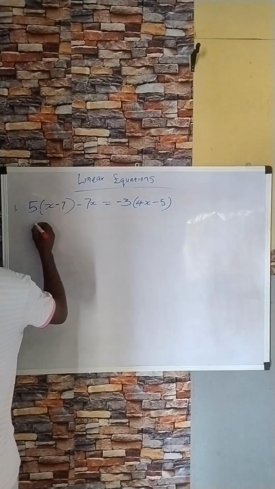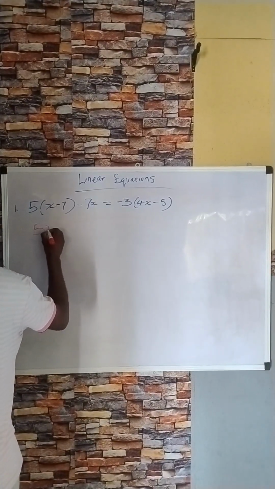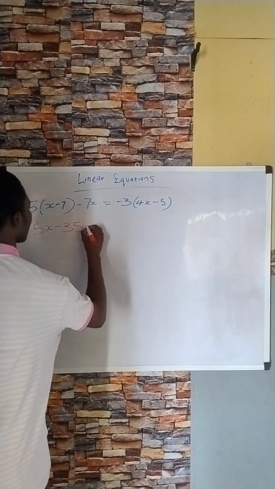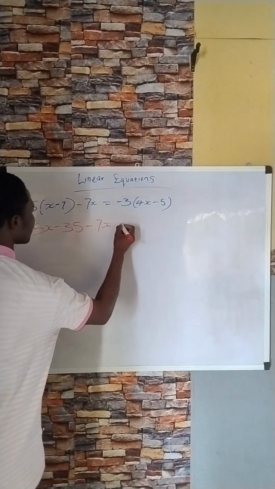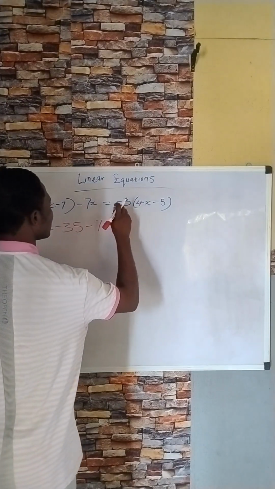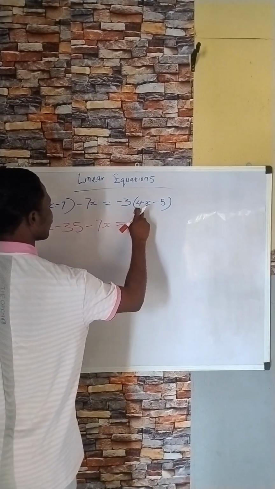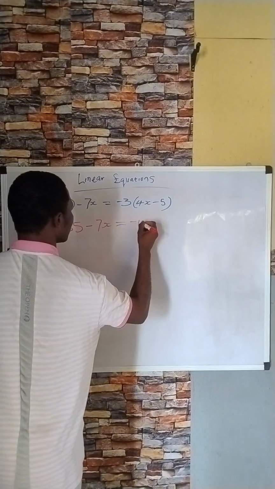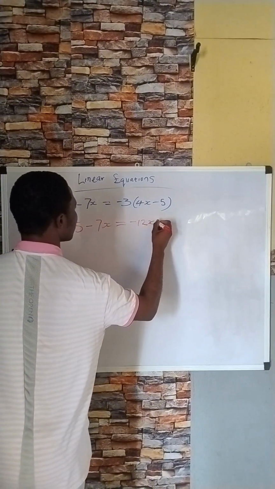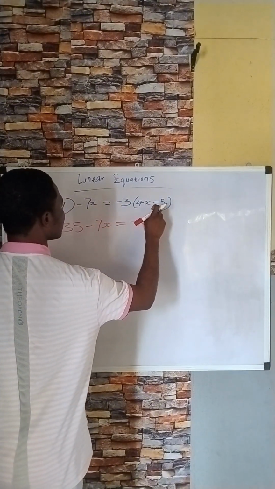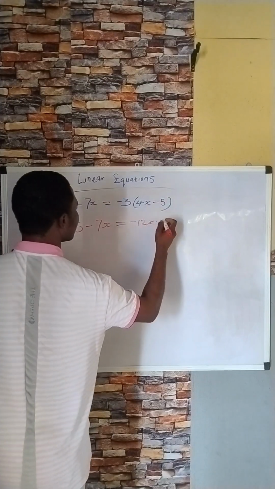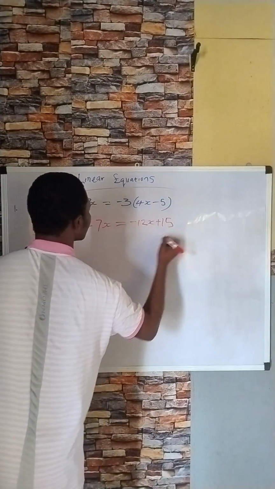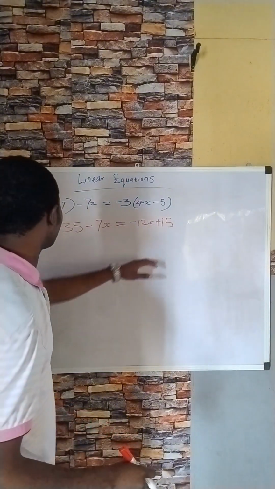So let's multiply this. 5x minus 35 minus 7x equal to negative 3 times 4x. This becomes negative 12x. Negative 3 times negative 5 becomes positive 15. So this is what we now have.